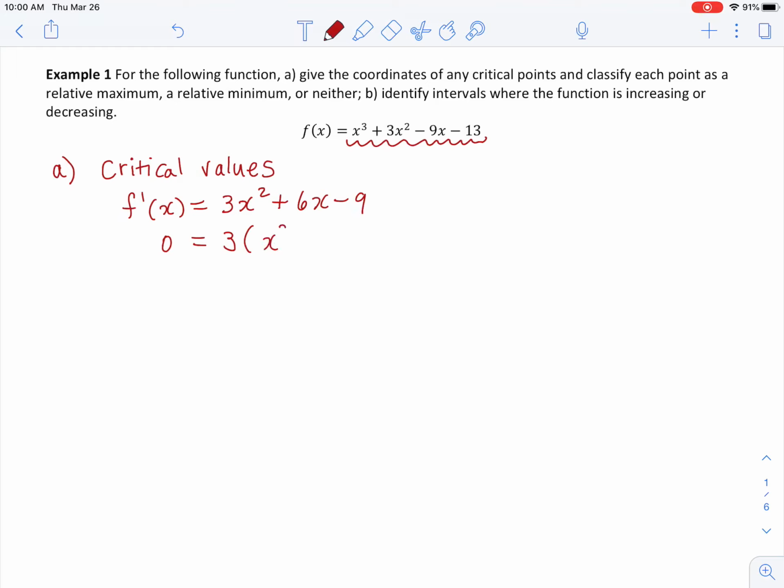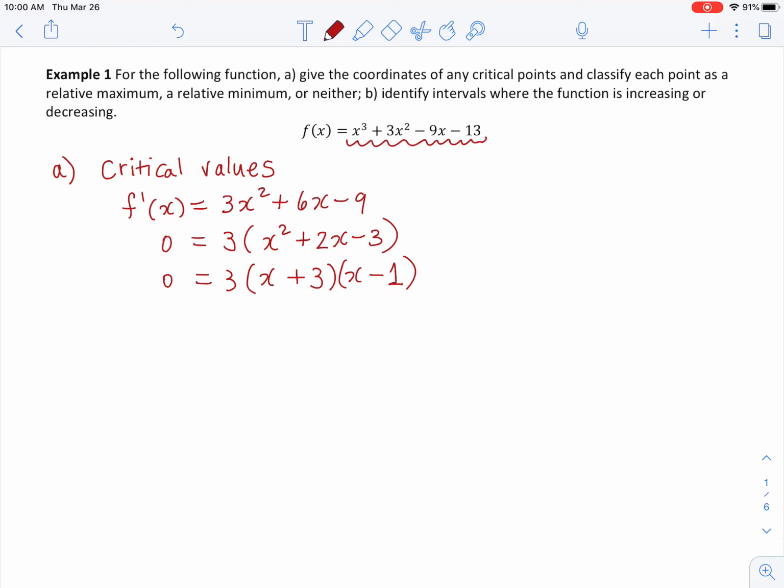If you factor out the 3, you'll get x squared plus 2x minus 3. Now that is also factorable. So we're going to factor that trinomial as x and x, 3 times 1. Make the 3 positive, make the 1 negative, and now we factored it completely.